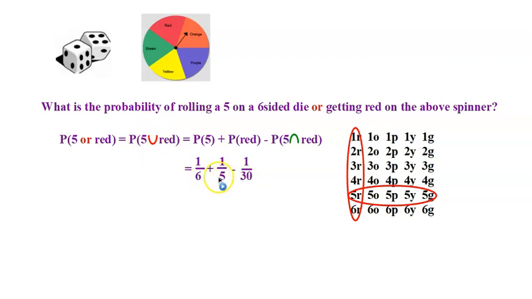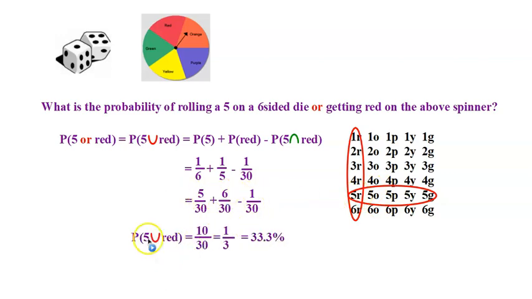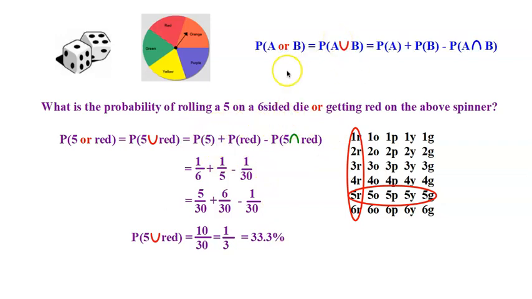So let's see, we need to add these fractions together, so we need a common denominator, which would just be 30. So 5/30 plus 6 out of 30 minus the 1 overlap. 5 plus 6 is 11, minus 1 is 10. So the union, or probability of 5 or red, is 10 out of 30, which is 1/3, or 33.3%. And we can generalize this equation like so.